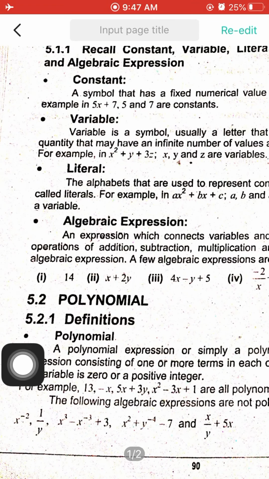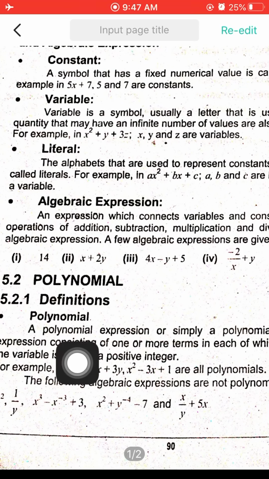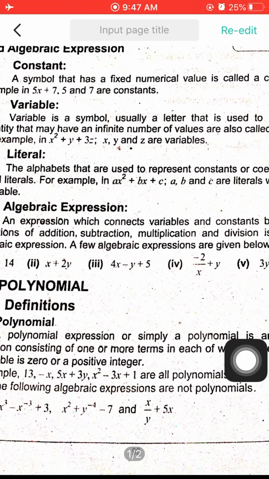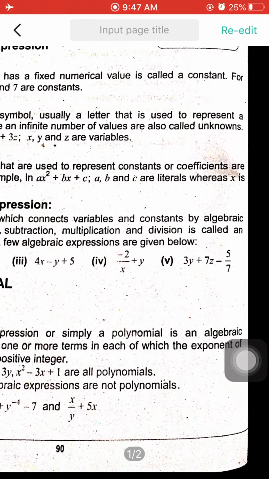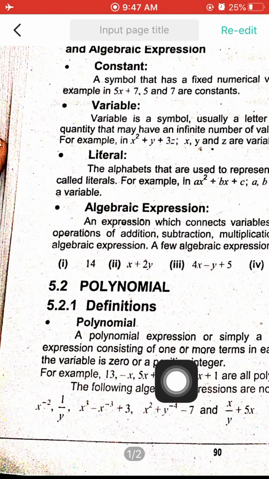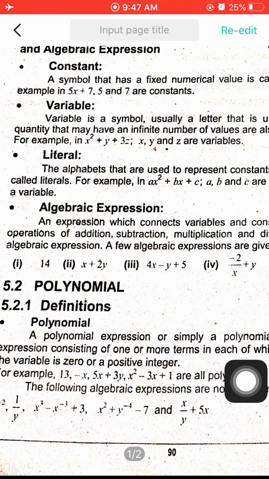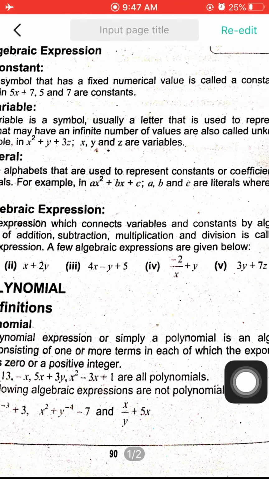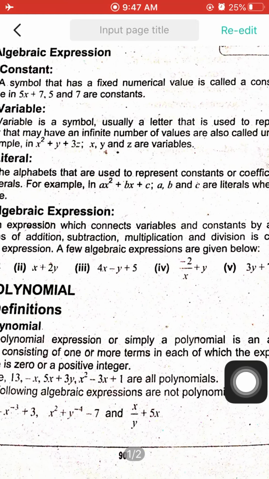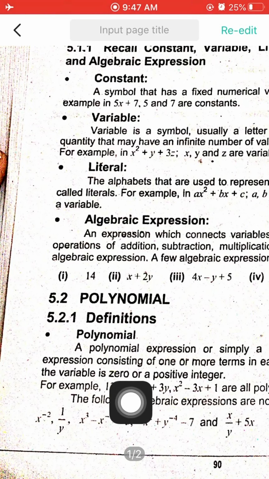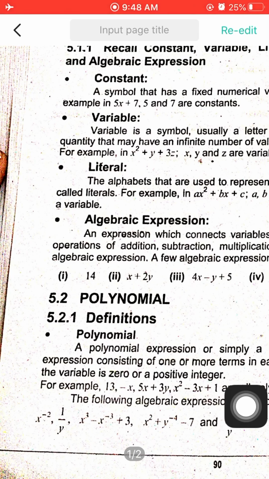Now students, we define polynomial. A polynomial expression, or simply a polynomial, is an algebraic expression consisting of one or more terms, in each of which the exponent of the variable is 0 or a positive integer, not a negative integer, not a fraction. In a polynomial, the power of the variable is always a positive integer.